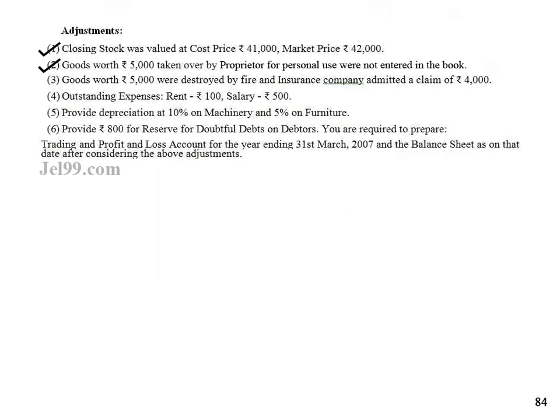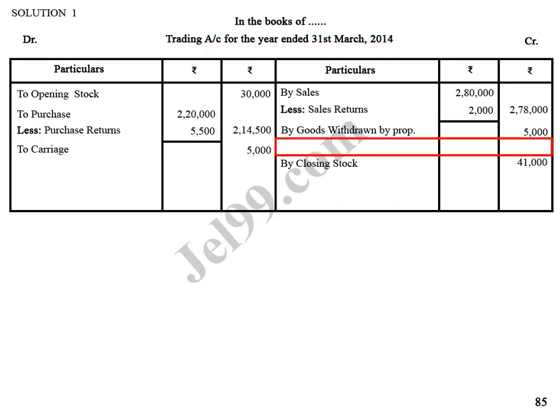Next, adjustment number 3. Goods worth ₹5,000 were destroyed by fire, which is shown in trading account, credit side, by goods destroyed by fire ₹5,000, because goods go out from business.